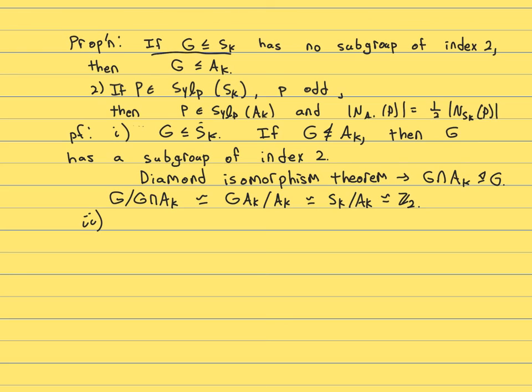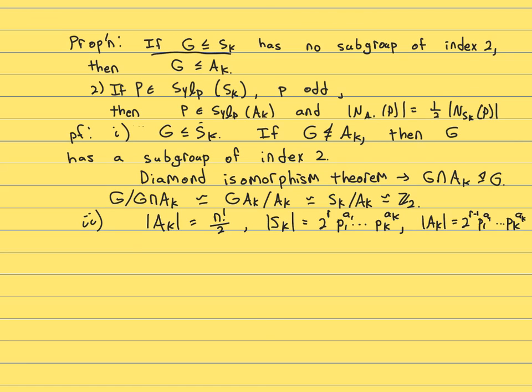As I already mentioned, if you have a Sylow subgroup and P is odd, then it can't have a subgroup of index 2. Therefore, it must be a subgroup of the alternating group. And since the alternating group is order k factorial over 2, if you write S_k as a 2 to the I, really don't care what the power is, times its other prime factors, then you'll see that the alternating group has the same odd prime factors.